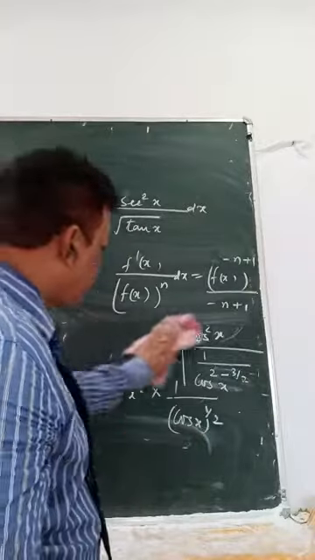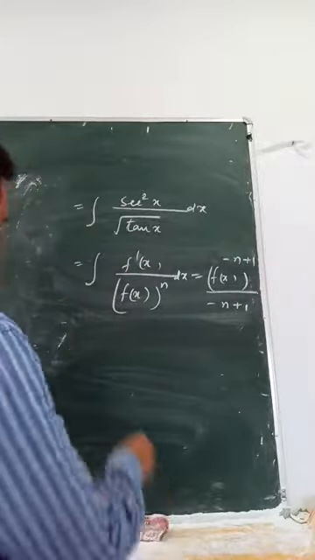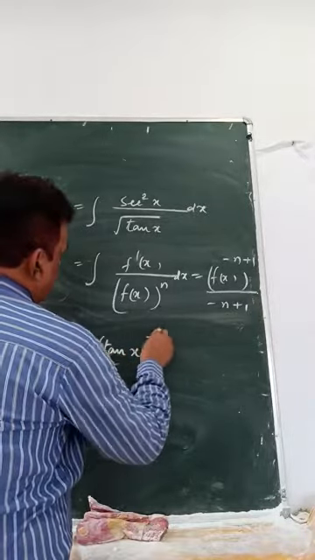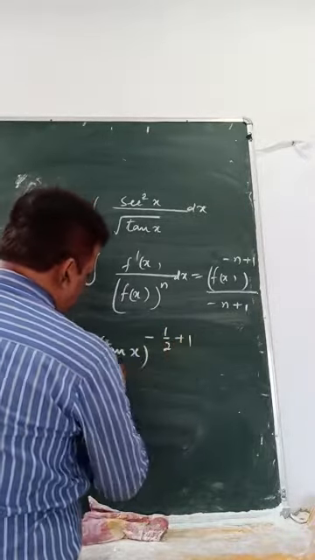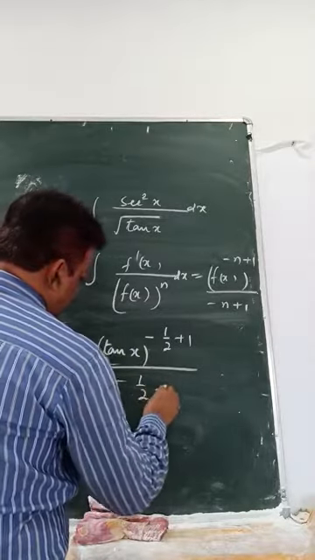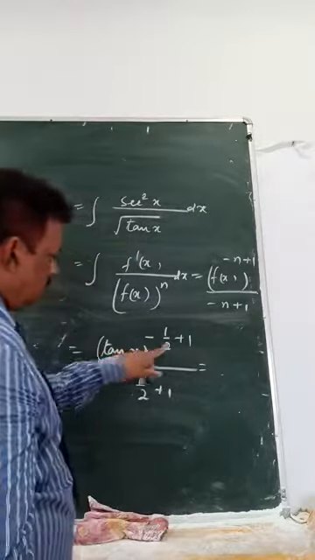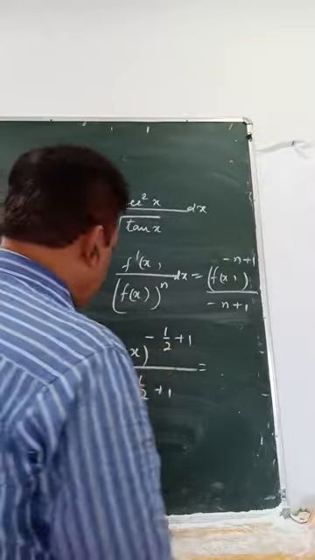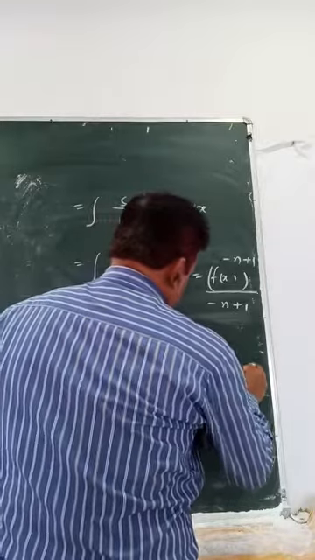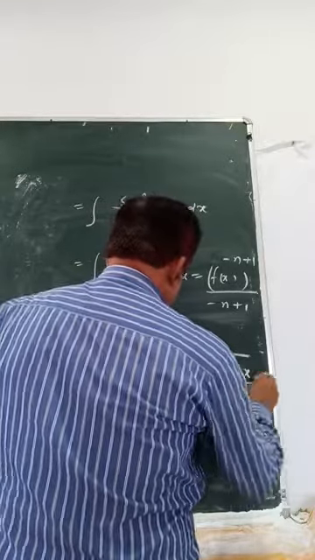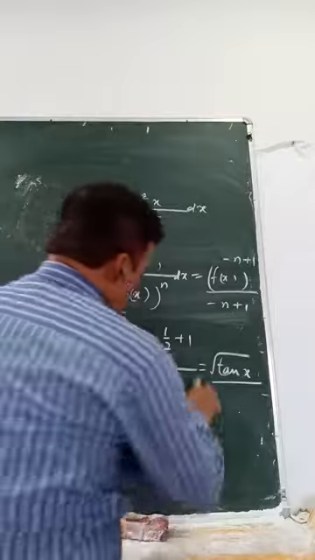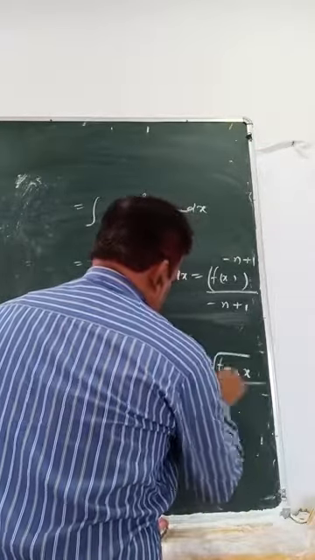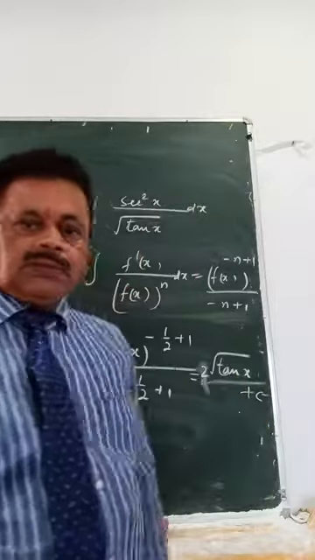So tan x to the power minus half plus 1 by minus half plus 1. So that is how much? This is 1 by 2, because 1 minus half is 1 by 2. So root of tan x divided by, this is 1 by 2, that 2 I can write here, plus constant.